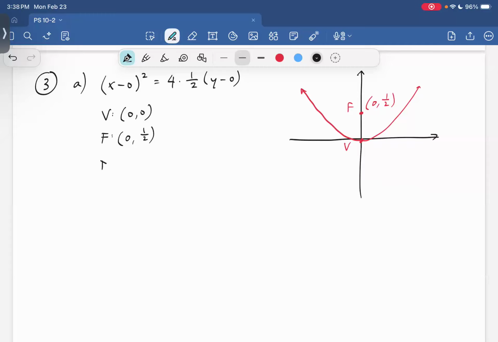And the directrix has to be on the opposite side. And it's a horizontal line, so it's going to be y equals -1/2. If you don't have the y equals, it's going to be wrong.